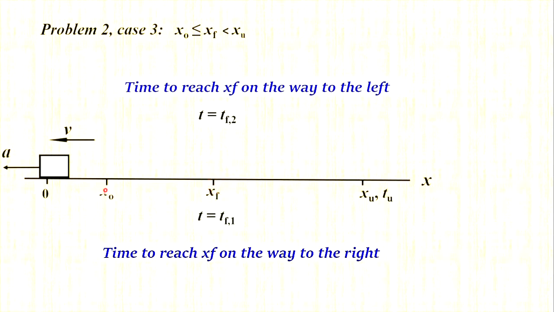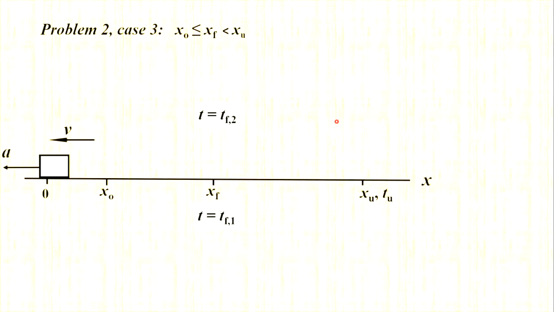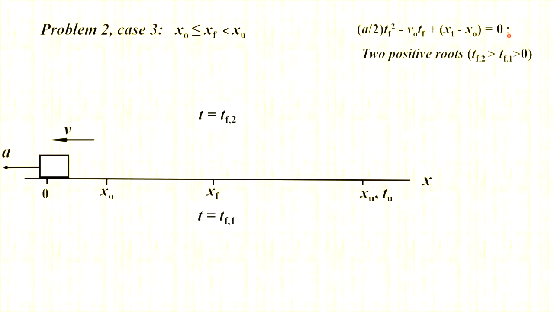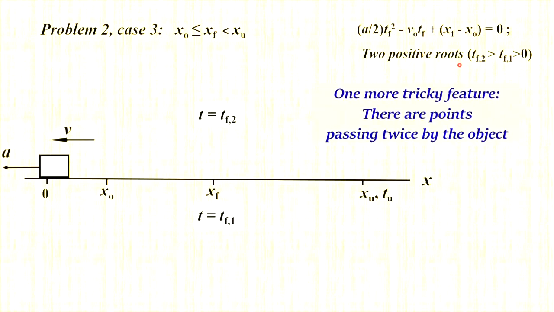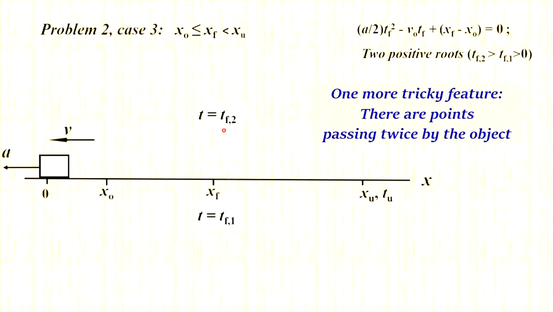First time on the way to the right, and the second time on the way from the U-turn point. If we solve the equation for tf for this case, then we will have two positive roots, tf2 and tf1. Naturally, tf2 is greater than tf1.